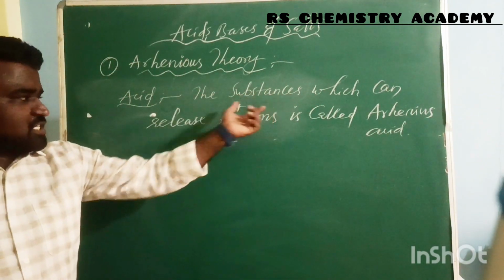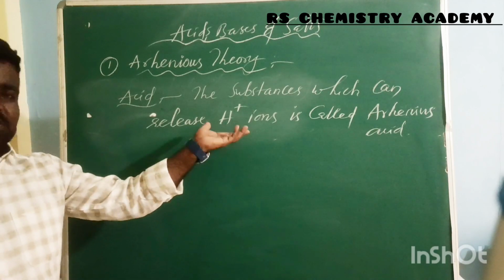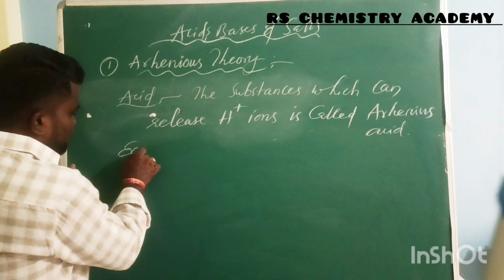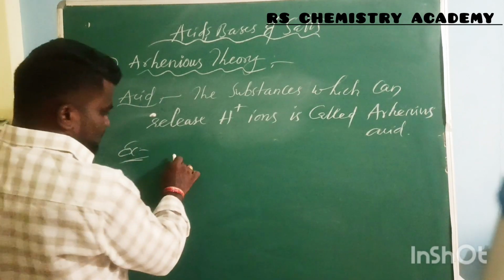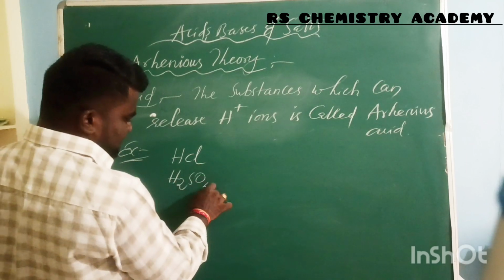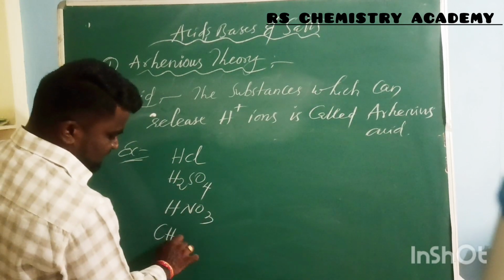The substances which can release H plus ions are called Arrhenius acids. H plus means just like protons. For example, the well-known acids I am taking are hydrochloric acid, sulfuric acid, nitric acid and acetic acid.